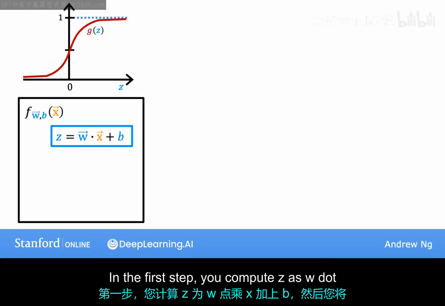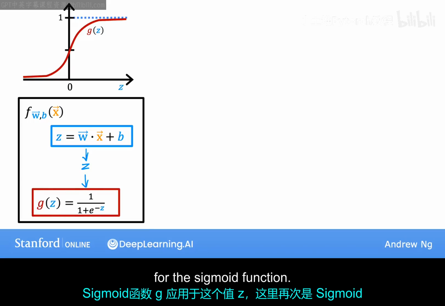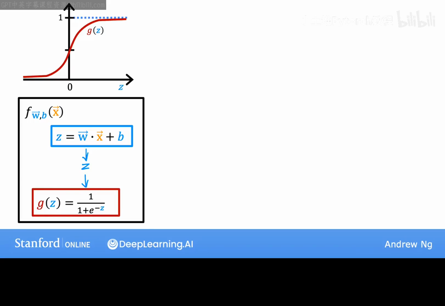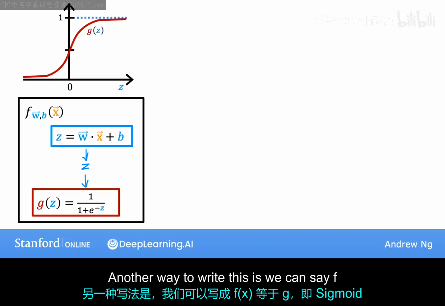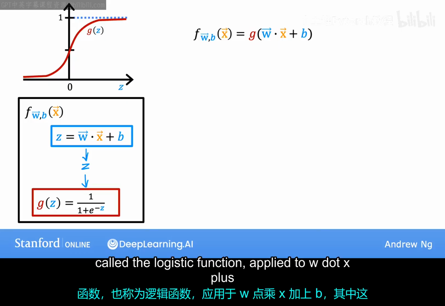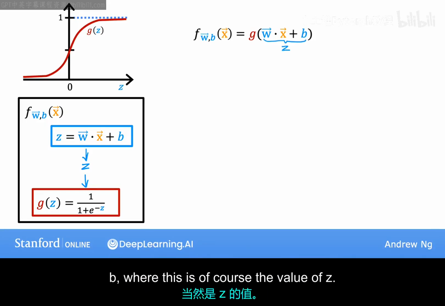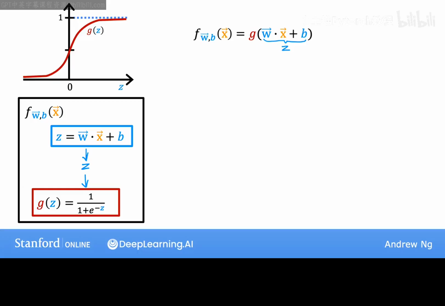In the first step, you compute z as w.x plus b. Then you apply the sigmoid function g to this value z, and here again is the formula for the sigmoid function. Another way to write this is we can say f of x is equal to g, the sigmoid function, also called the logistic function, applied to w.x plus b, where this is, of course, the value of z.